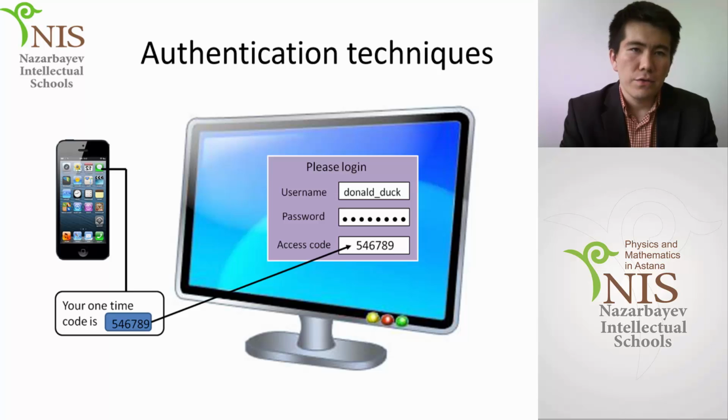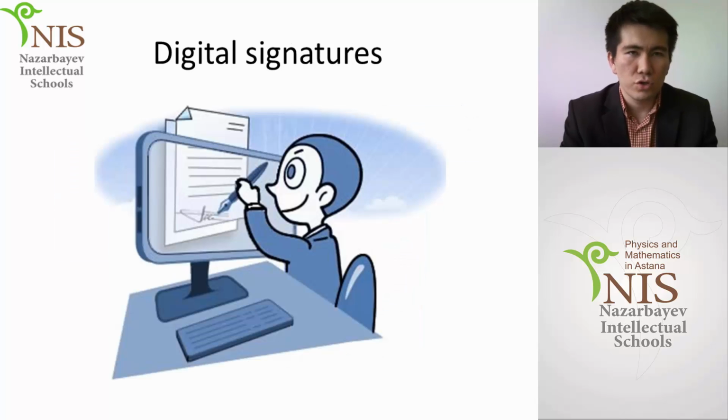And other things can be authentication techniques. So, as you know, authentication means you provide your username and password, which then you probably can get some access code in order to get access to a certain, to a particular system.